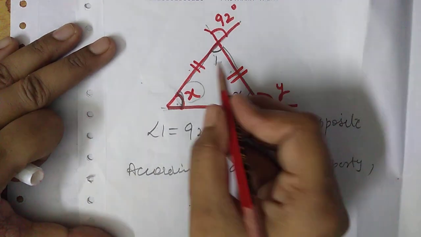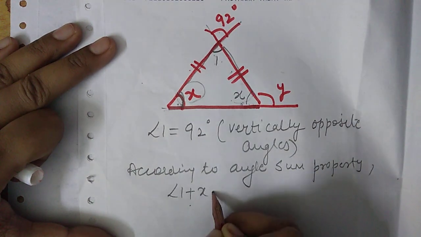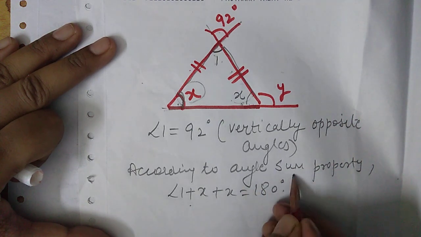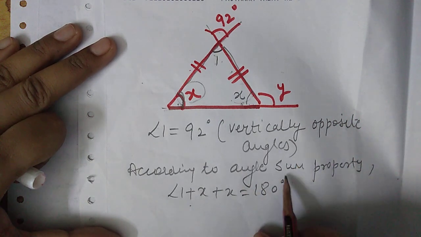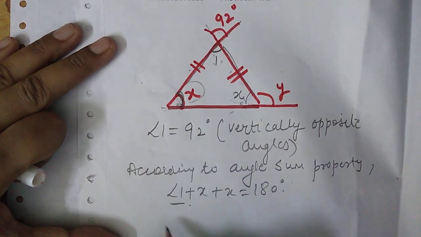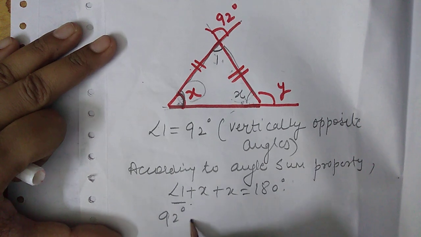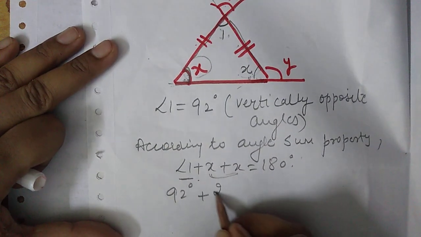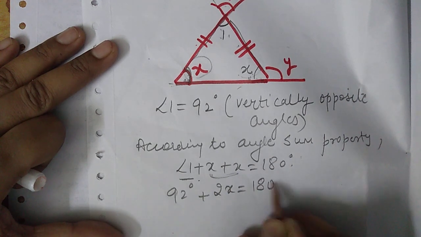According to the angle sum property, angle 1 plus x plus x equals 180 degrees. The reason for 180 degrees is the angle sum property, because these are the angles of a triangle. Angle 1 we have calculated, that is 92, and these two are like terms, so we can add them. So x plus x is 2x, and 92 plus 2x equals 180 degrees.